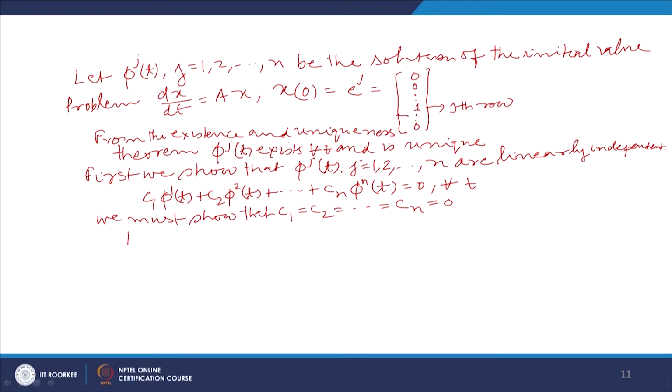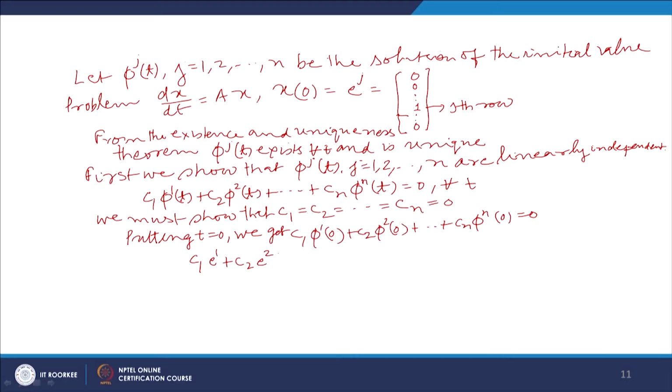Putting t equal to 0, we get C1 phi 1 0 plus C2 phi 2 0 and so on Cn phi n 0. Now phi 1 0 is equal to E1. So we get C1 E1, then C2 E2 and so on Cn En equal to 0.